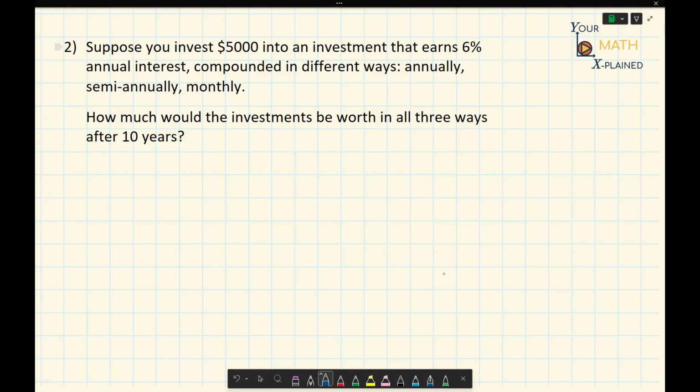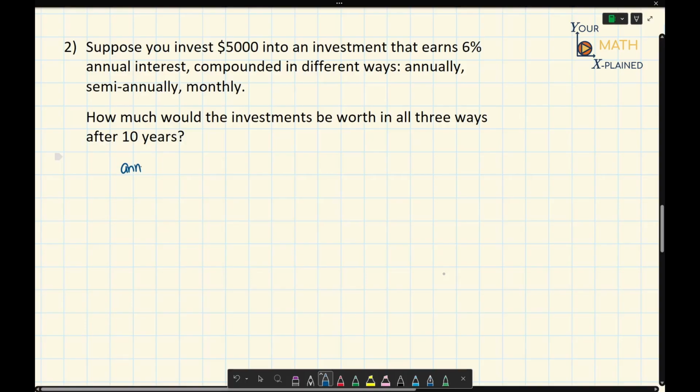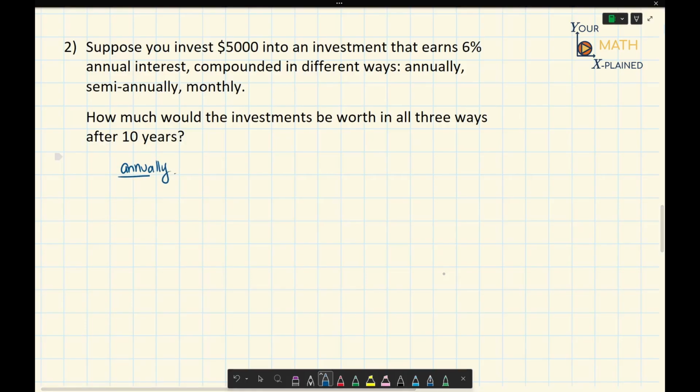So let's go ahead and take a look at the annually scenario first. So this one is annually. The T here is the number of compounding periods. And because it compounds annually, that means in 10 years, we're going to have 10 compounding periods. So we're looking for the amount of the investment after 10 compounding periods.